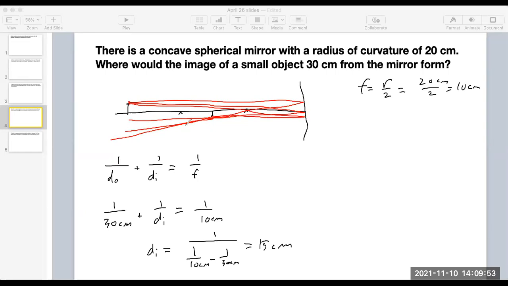That's what our light rays would be doing to get there. So this image is real. The light rays actually do pass through this point on the way to an eye, which could be farther from the mirror than that. So there's a real image which is formed there.